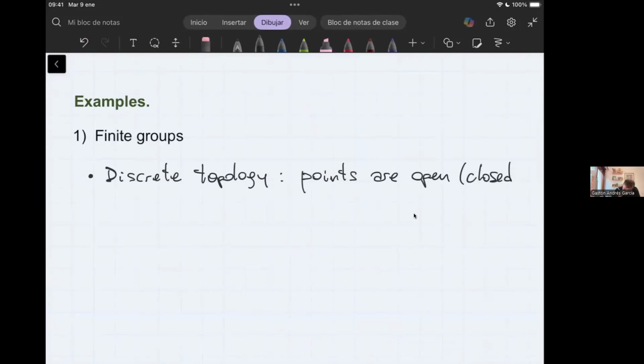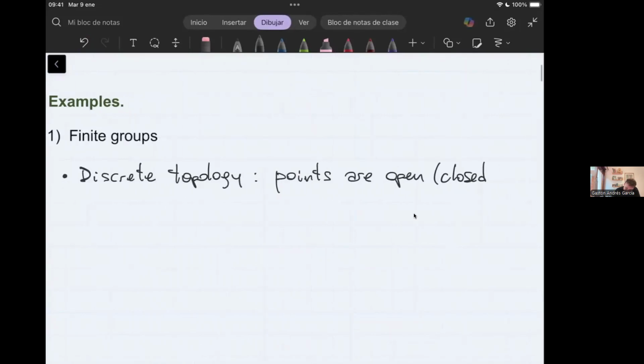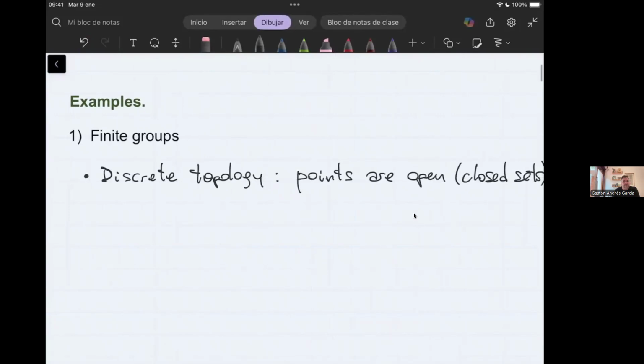Closed sets. Okay, since the set is finite, because we are talking about finite groups, it is compact, okay? So any finite group is compact.